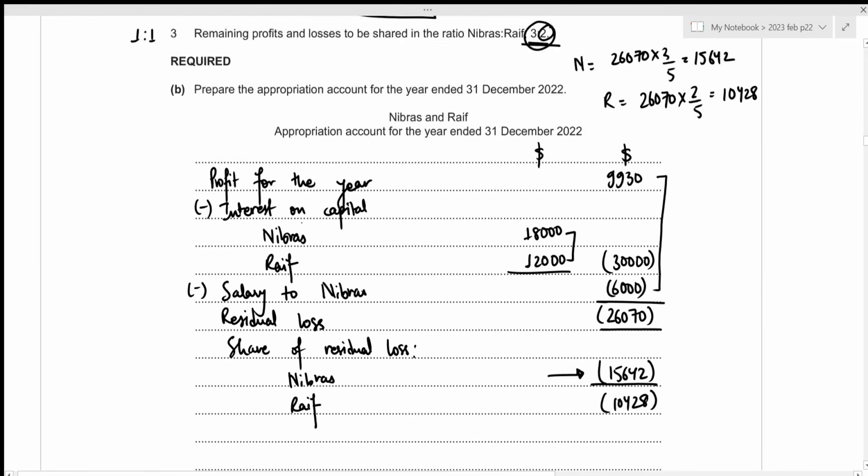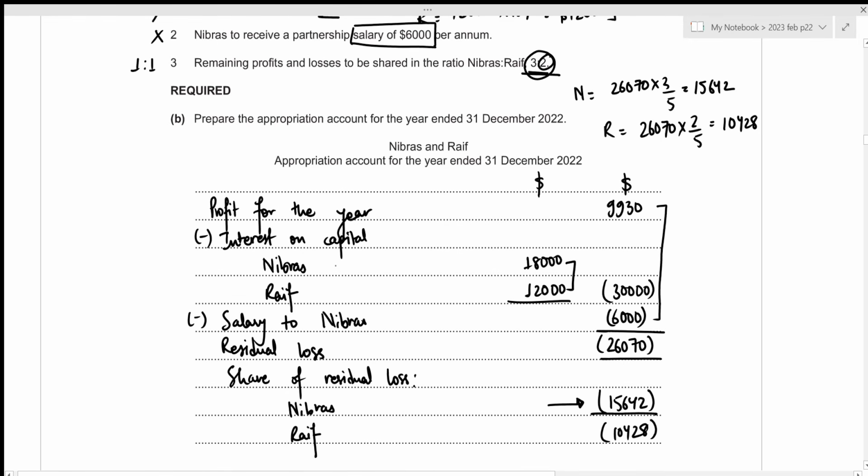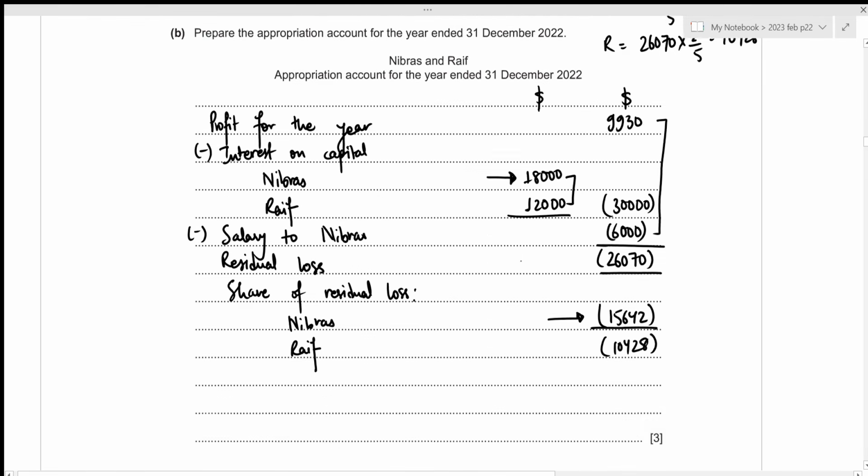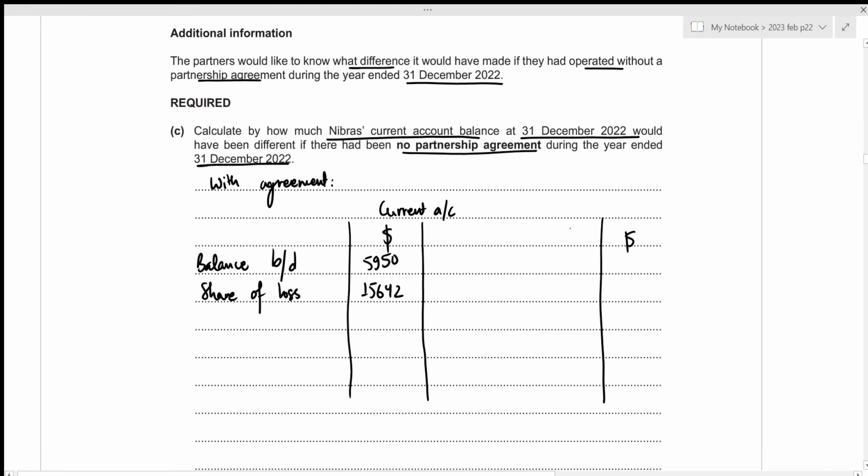Then we also need to include any sort of interest on capital. So interest on capital is being received by Nibras. So that definitely is an income for Nibras. So we just need to record this amount of 18,000 on the credit side. That's our 18,000, which is the interest on capital.